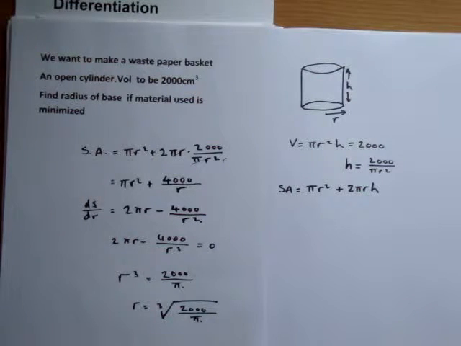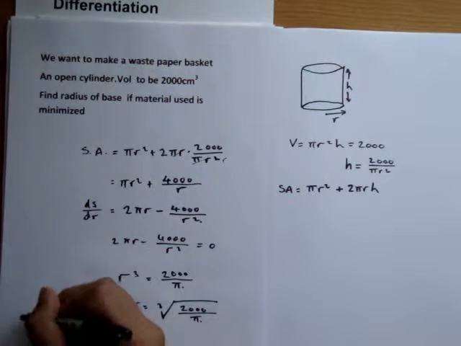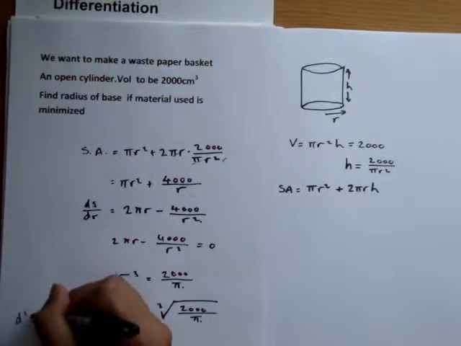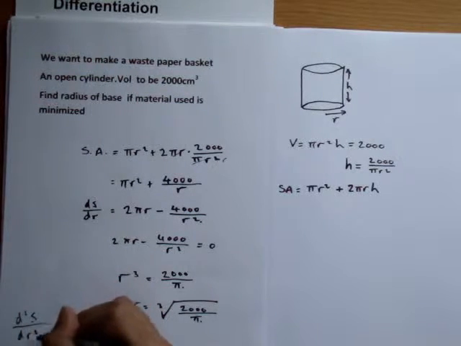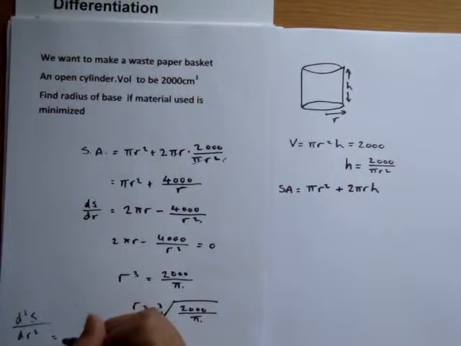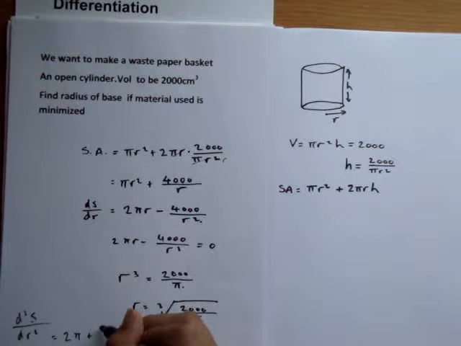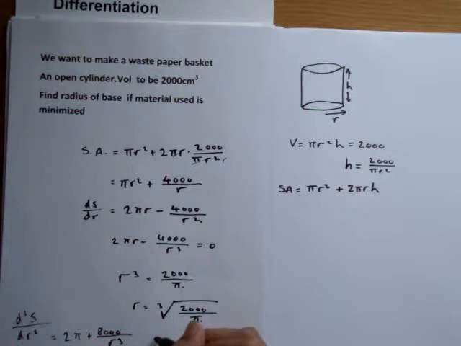If we take the second derivative, we want to test that this is a minimum. The second derivative, d squared S over dr squared, is 2 pi plus 8000 over r cubed, and this is positive, so it is a minimum.